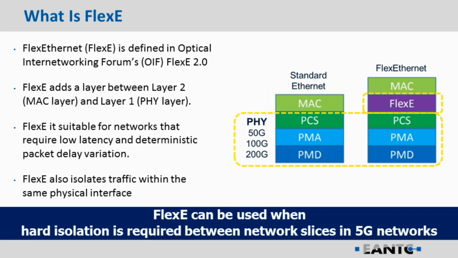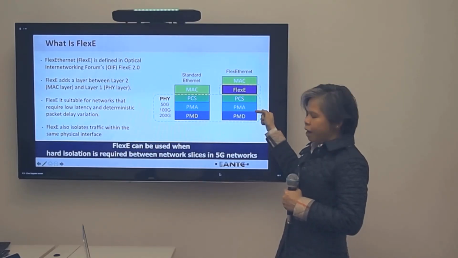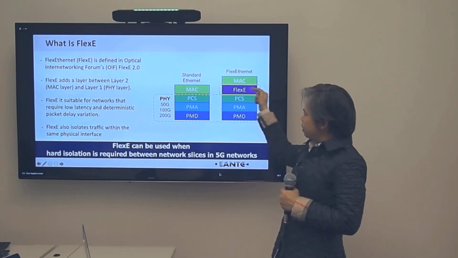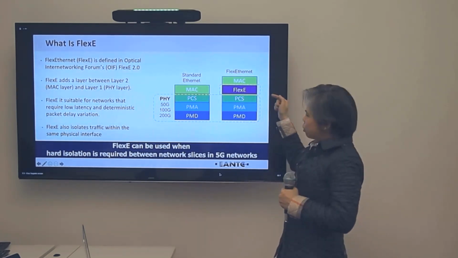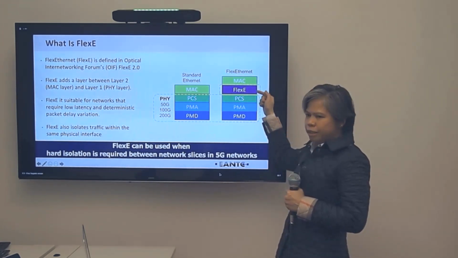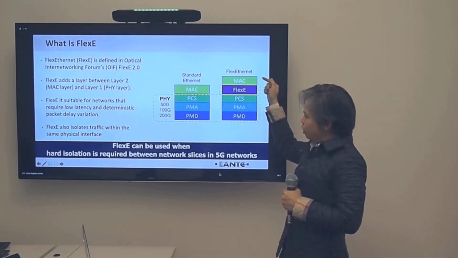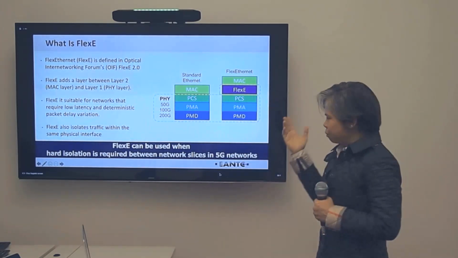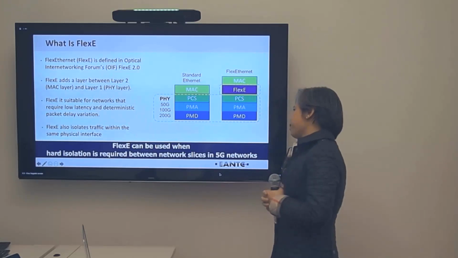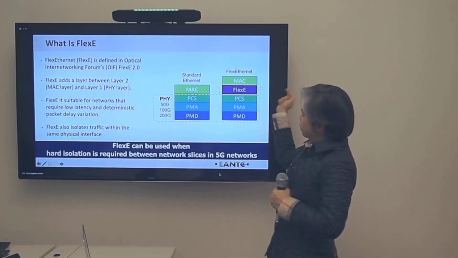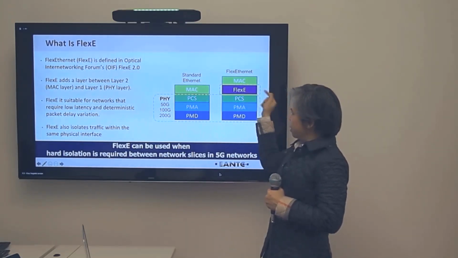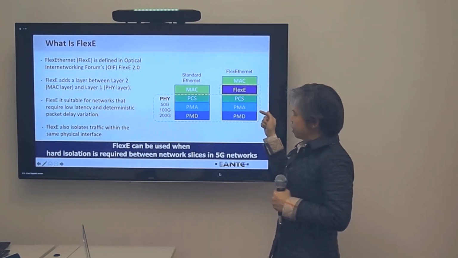Basically, it's Ethernet, but there is a new layer between the MAC and the PHY, which they call the shim. So FlexE is between layer 2 and layer 1, so we can think of it as layer 1.5.